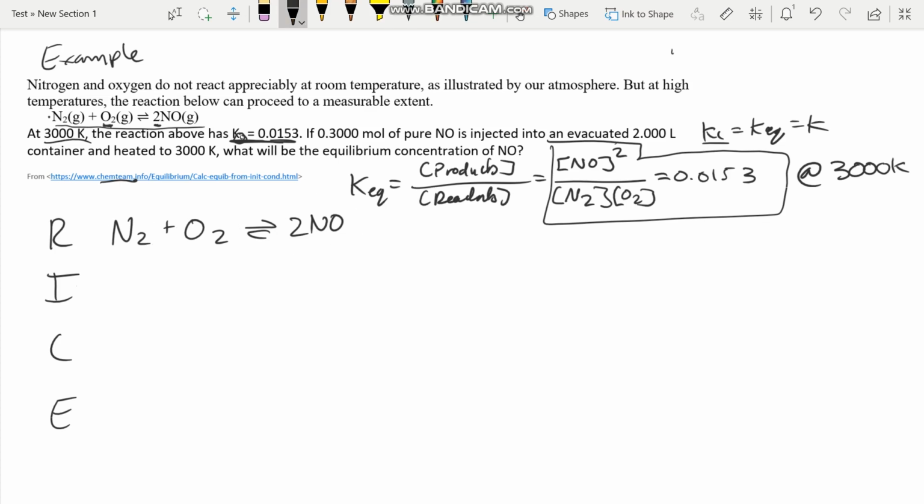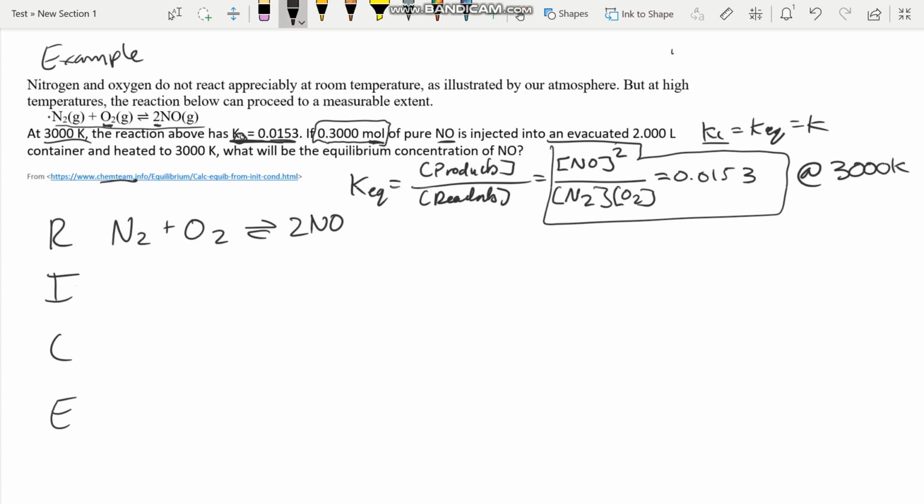Now, let's have a look at the initial concentrations. If 0.3 moles of pure NO is injected into an evacuated 2-litre container. Be careful. You don't want to just put 0.3 in here, because that's not the concentration, that's the number of moles.